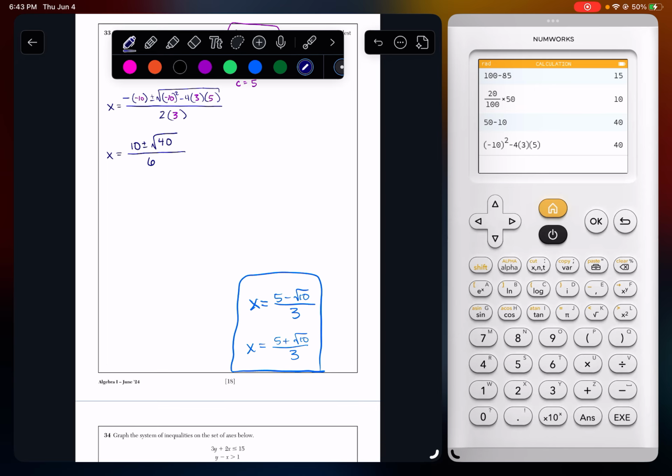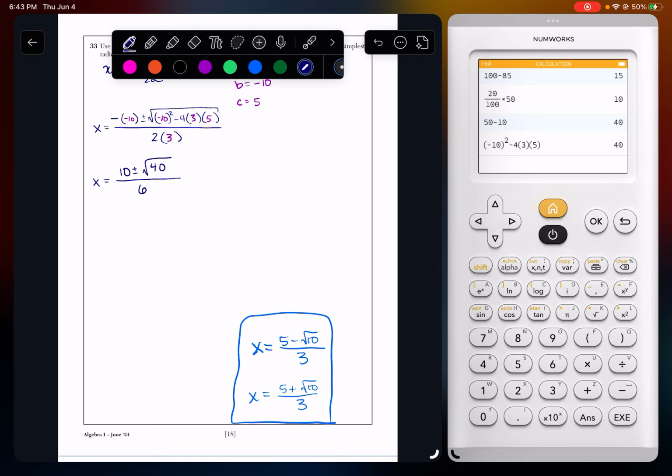The way that this is going to become 5 plus or minus radical 10 all over 3 is my radical 40. My square root of 40, we might notice that that has a perfect square in it. So the square root of 40 is the same as the square root of 4 times the square root of 10, right?